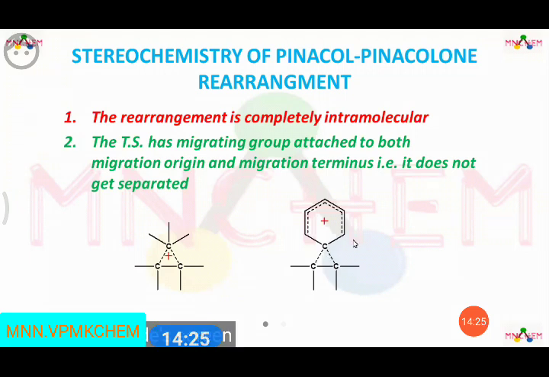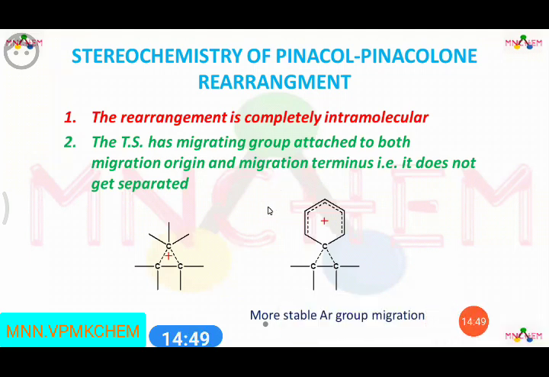So this type of transition state, where the aryl group migrates, is more stable than migration of an alkyl group. And that is why we said that phenyl migrates more easily than methyl group in our example.